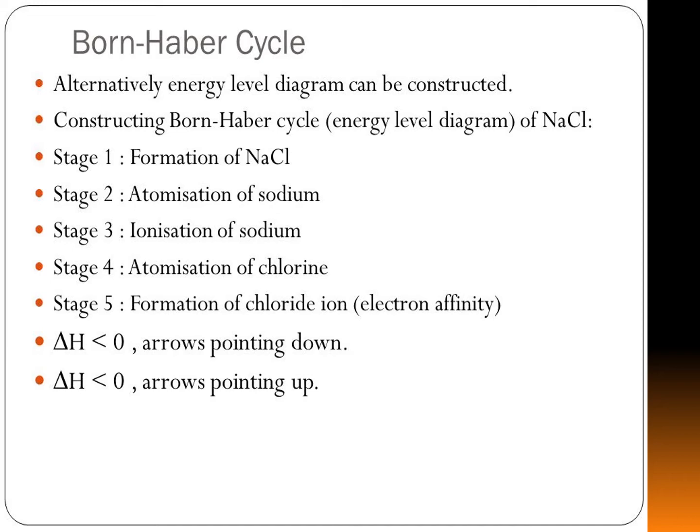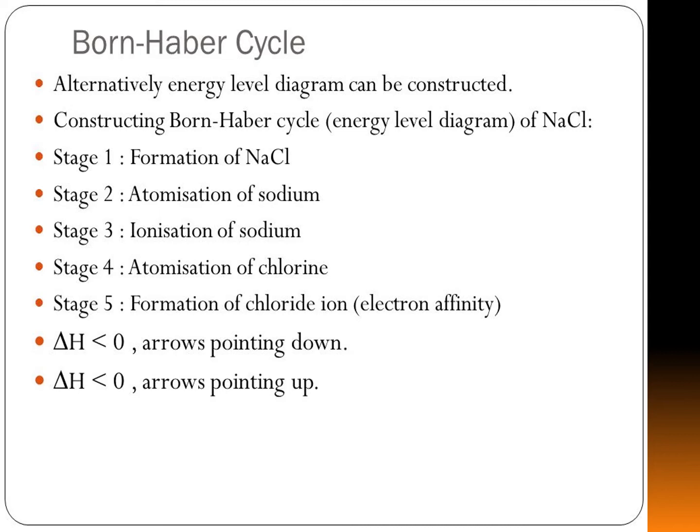So this Born-Haber cycle is an approach to analyze reaction energies. It was named after two German scientists. First one is Max Born, and the next scientist is Fritz Haber. So both developed the cycle.